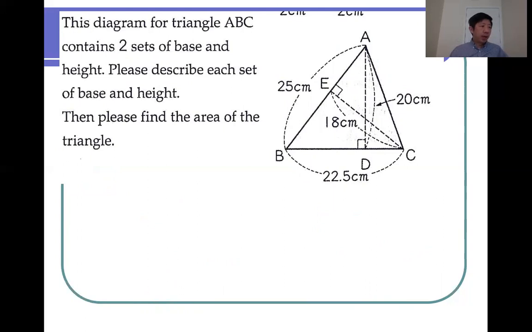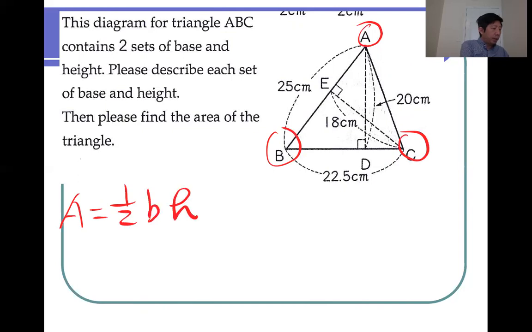So I can look at this, basically we can find out the area of triangle ABC like this. Area of triangle ABC, 1/2 base times height.